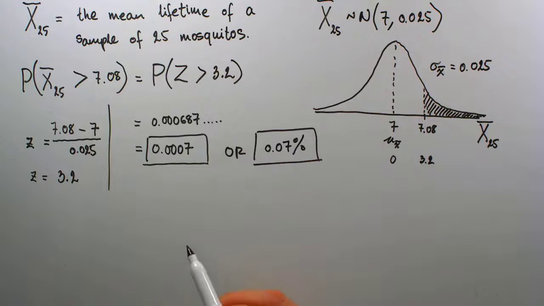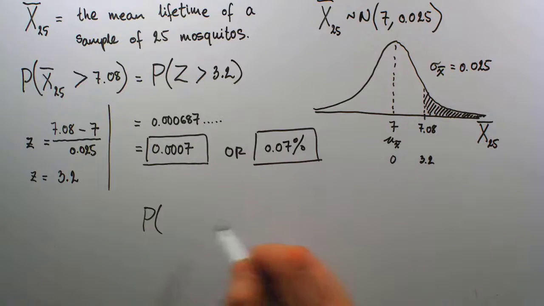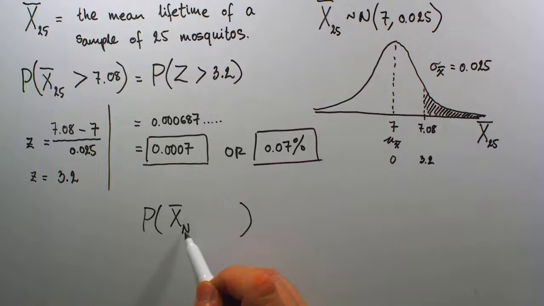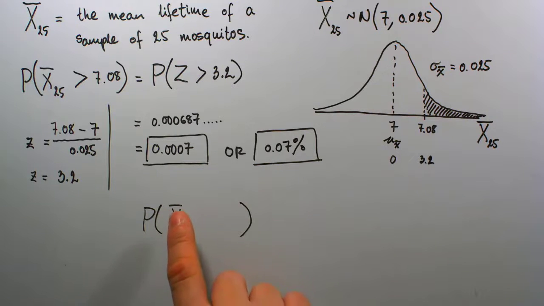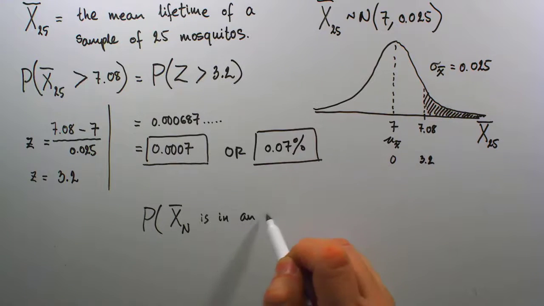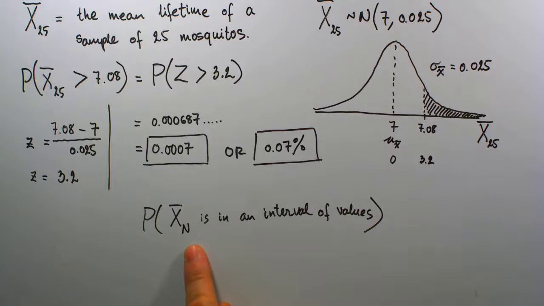For many of our later examples, generally speaking, we are in the kind of problem where we want to find the probability where our sample mean, at a given sample size, and again, I indicate the sample size as a subscript on my capital X bar, which is just my own choice and many textbooks don't have this, but it's the same kind of problem, is in an interval of values.